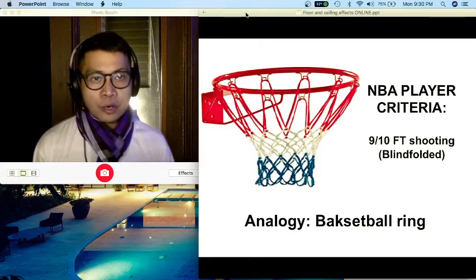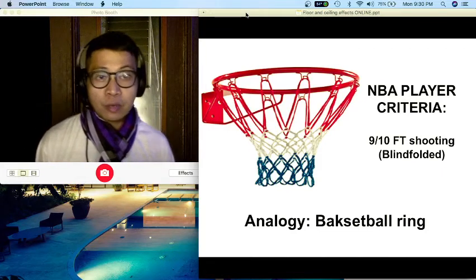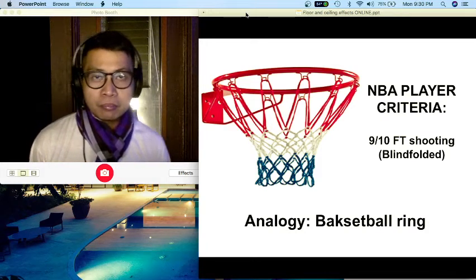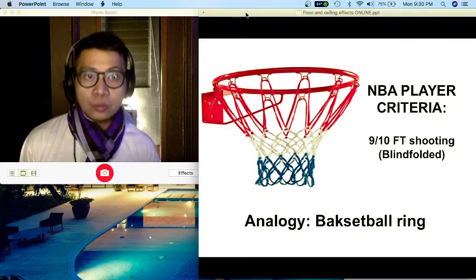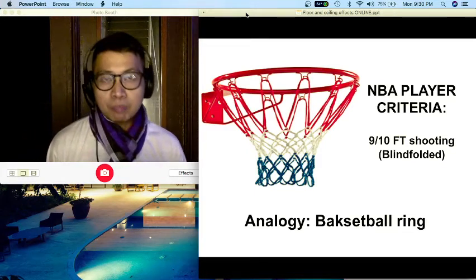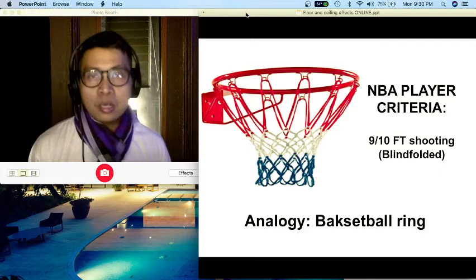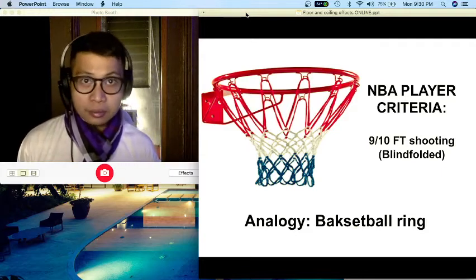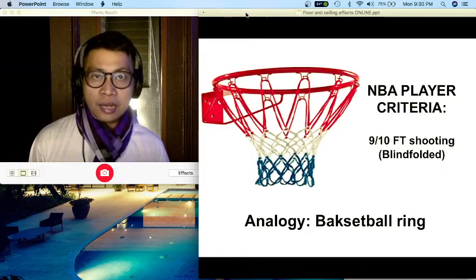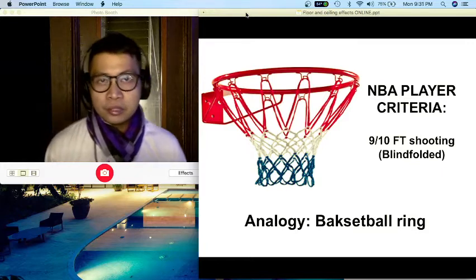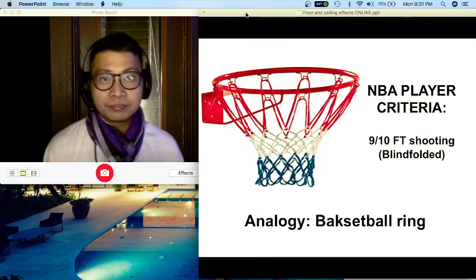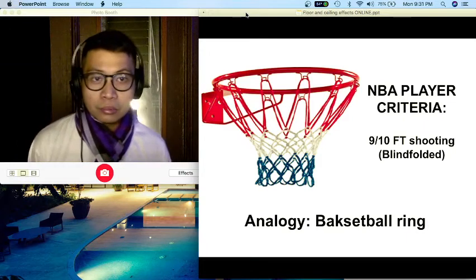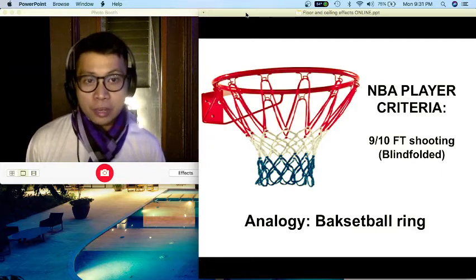Now, this is the way we are going to measure a student's performance. Mag-free throw siya, dapat at least meron siyang 9 out of 10 free throw shooting performance. Sa 10 bola na bibitawan niya, 9 dapat ang papasok. And, take note, ito yung twist, kinakailangan they can do this blindfolded. Any student who can score at least 9 over 10 in this task na naka-blindfold, I would say that this person has the potential to play for the NBA.